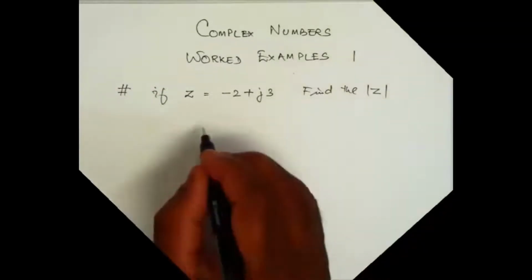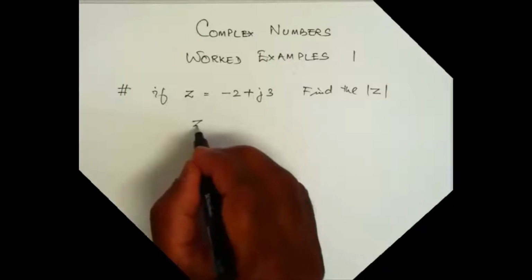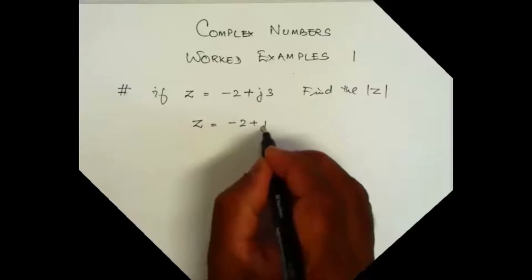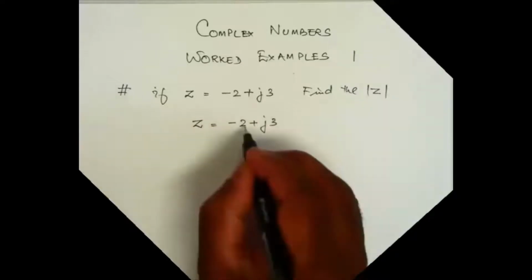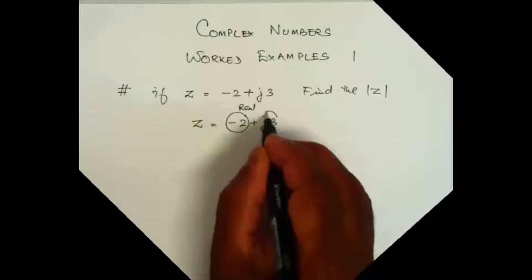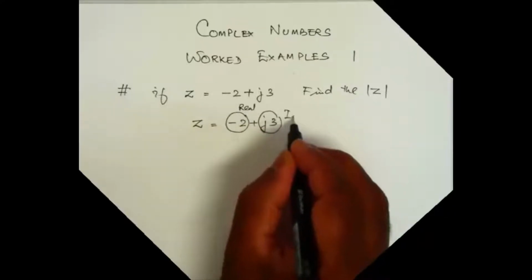So this is quite easy. Now z is equal to -2 plus j3, so that's the real part and that's the imaginary part.